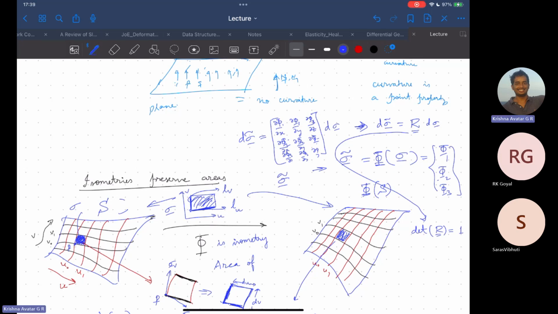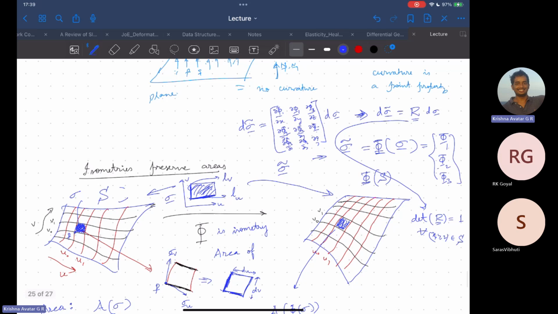So any mapping phi whose Jacobian has a determinant of 1, we can very much say that that particular mapping is an isometry, and this should hold at all points, all x, y, z that are elements of S. That's how we would call this, because we always want some sort of length being preserved.